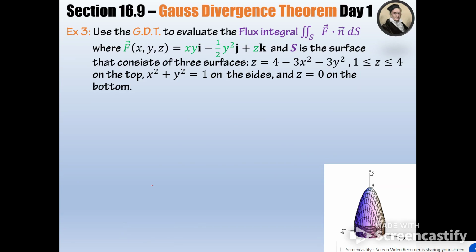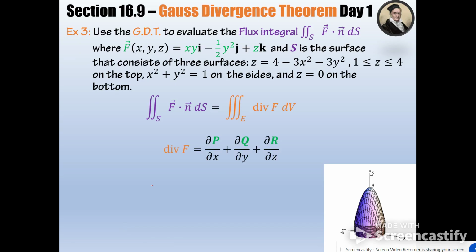Then I have a cylinder, x squared plus y squared is equal to 1, but it is then capped underneath with z equals 0. So I don't want to do 3 surface integrals. I'm just going to do 1 volume integral. I'm going to find the divergence of my force field, which is nice because I just ended up with 1.